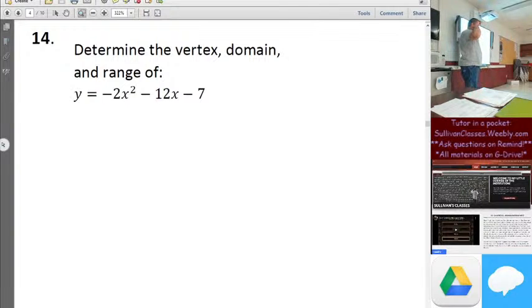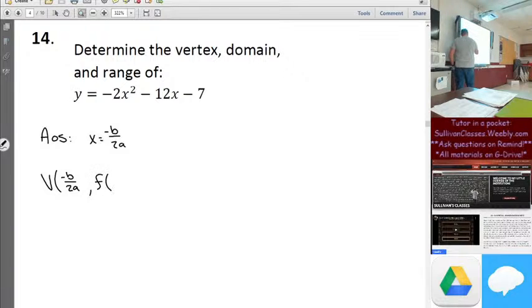Vertex, domain, and range. On your test, this might be more like, hey, graph it. Tell me the vertex, domain, and range. The axis of symmetry, x is negative b over 2a. The vertex: the axis of symmetry always goes through the vertex. And if I know the x part of the vertex, I'll plug it into the equation.